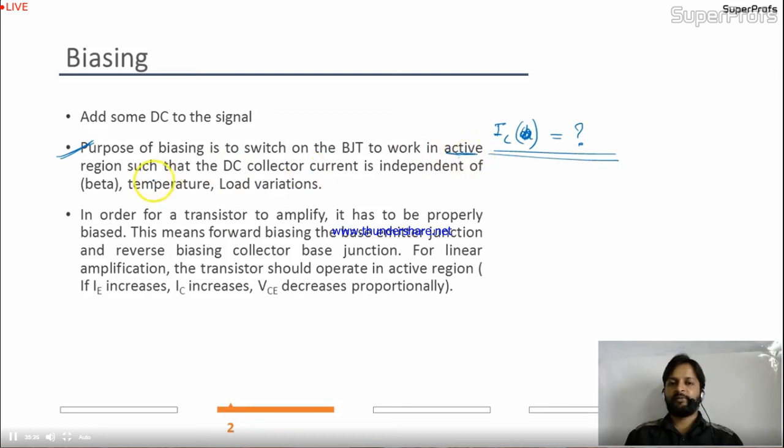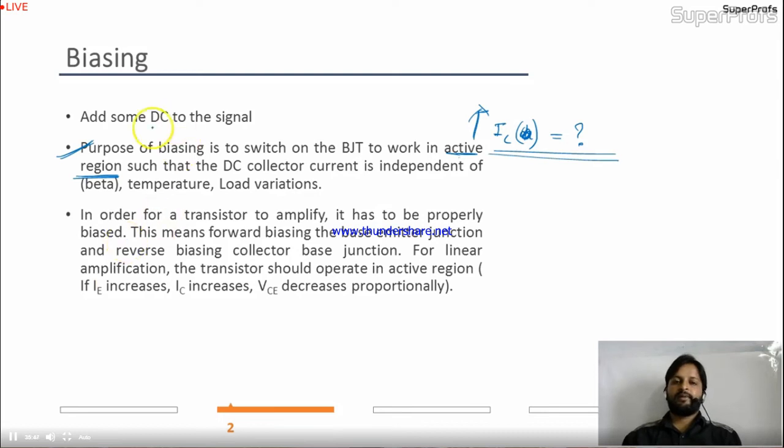I told you why active region is important, because only in this active region are we using the BJT as an amplifier. The saturation and cutoff regions we use for switching applications only. I hope it's clear to you.